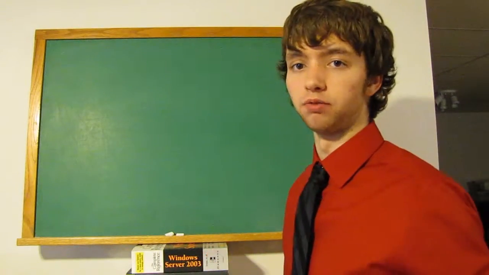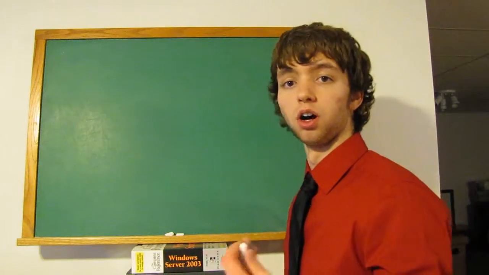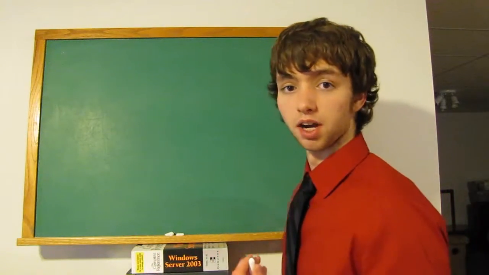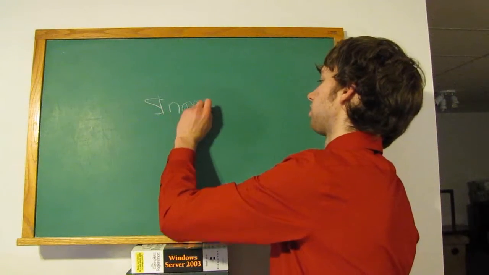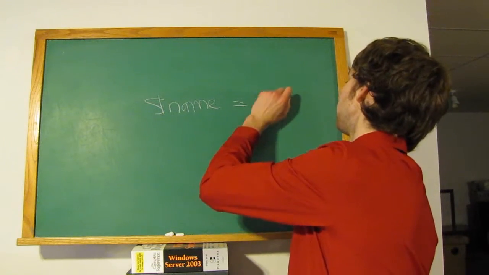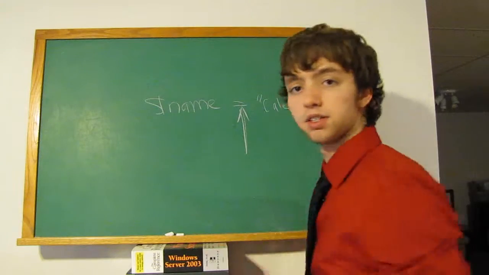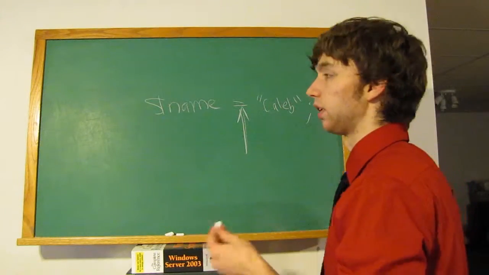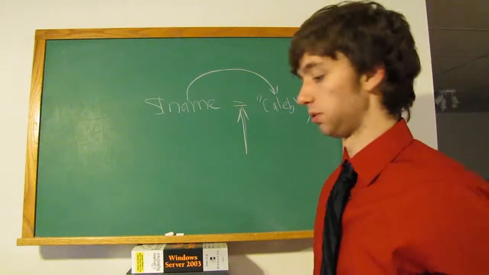Like you give it two values, it'll add them together, for example. Just like a while ago, we talked about the assignment operator, where you had name, Caleb. Well, this right here, this is the assignment operator, and what it does is it makes this variable point to that value. Pretty simple.